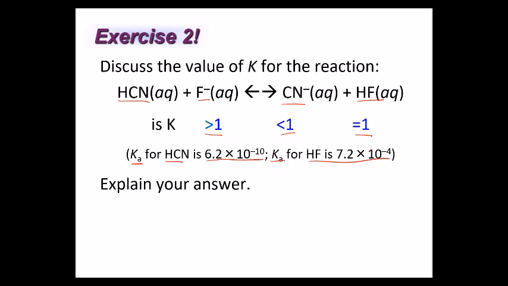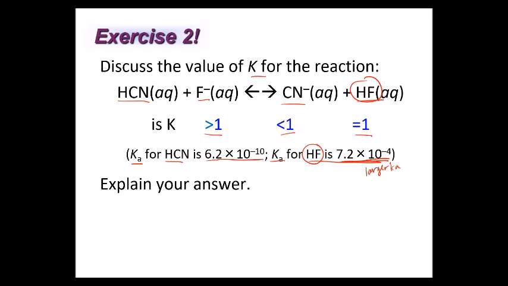By looking at the numbers, hydrofluoric is definitely stronger out of the two because it has a larger Ka value. So if hydrofluoric is the stronger one, it's going to more readily ionize its H+.